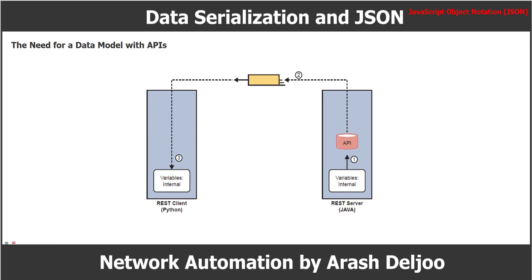As you can see here, for the non-working example, consider the flow and number the steps in this figure. A REST client sits on the left, and the REST client asks for resources and the server needs to reply. In REST, a resource is a set of variables as defined by the API, so the REST server needs to return a set of variables to the REST client on the left.